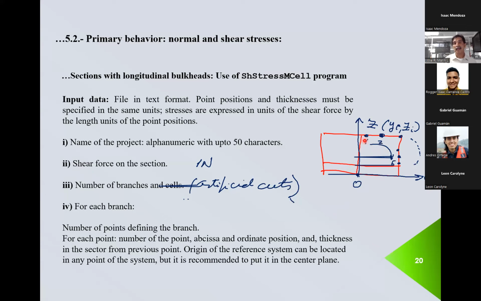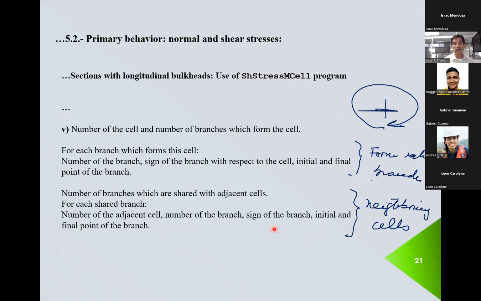So this cell here has 1 and 2 pieces of paths in common with these 2 cells, okay? This cell here has in common this piece, and that little piece, which is the bottom part of the longitudinal bulkhead. Okay, so all of that has to be defined in this part here, okay? That's defining the neighboring cells, what you have in common.